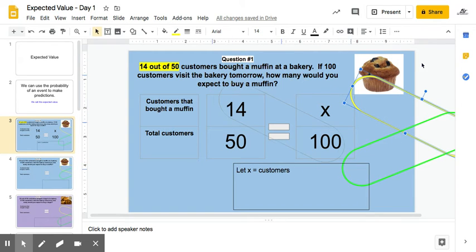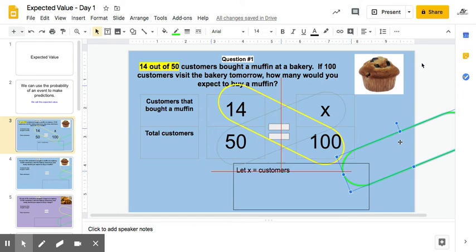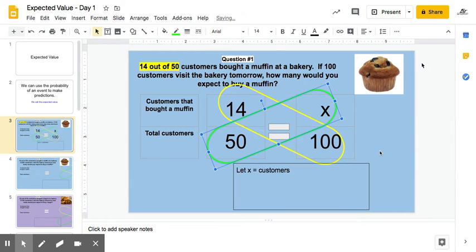So I'm first going to be multiplying 14 times 100. Okay. So 14 times 100 is 1400. Okay. Then I'm going to be multiplying 50 times x.